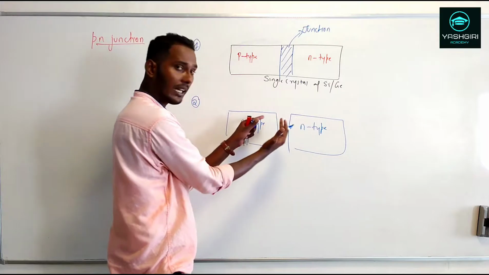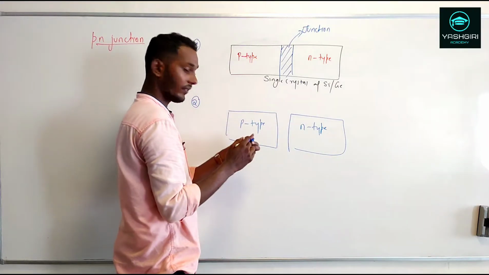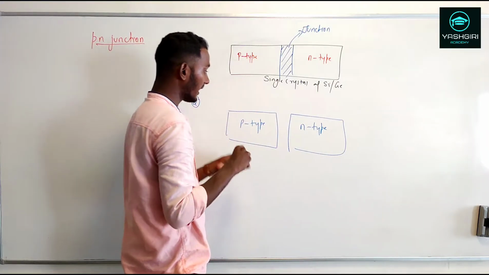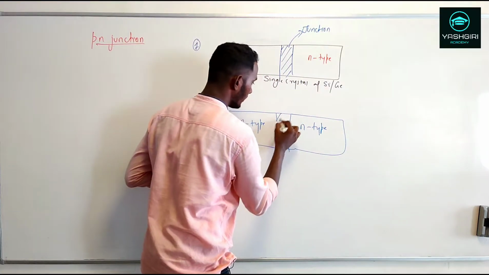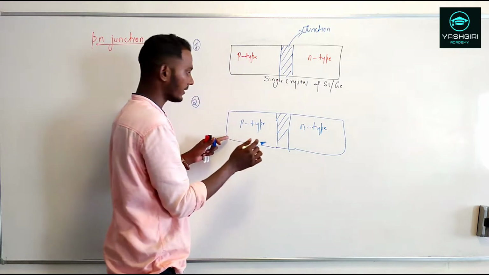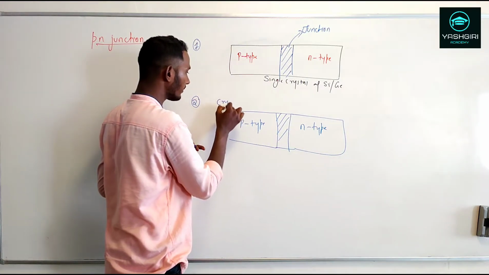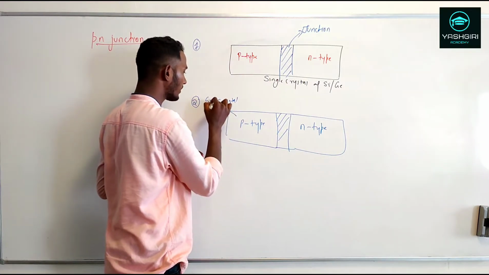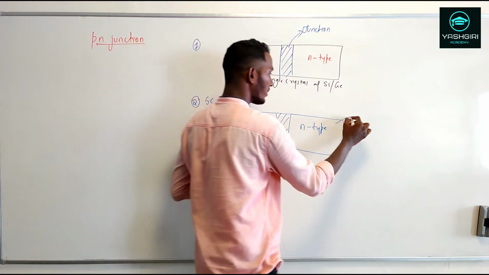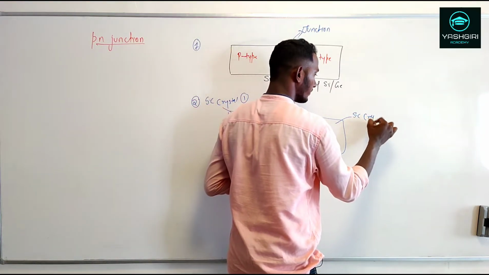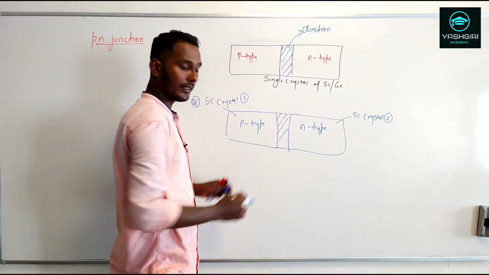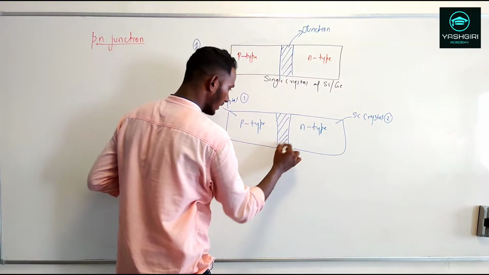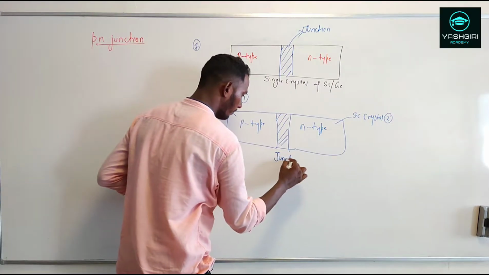We have made them combine together, thereby getting a junction at the point of contact between these two different semiconducting crystals. So this is semiconducting crystal 1, and this is semiconducting crystal 2. These are totally different crystals and we have made them combine, and then we are getting this junction.